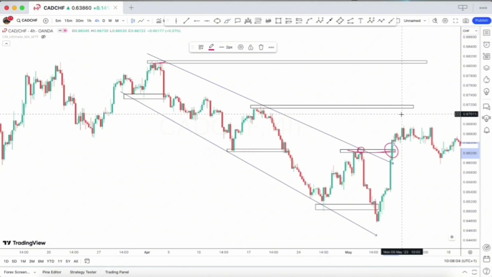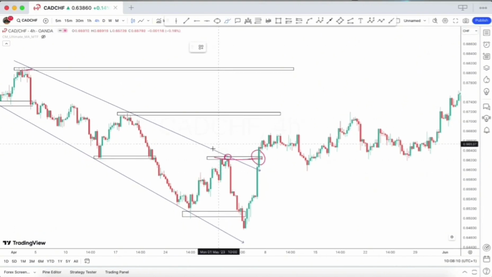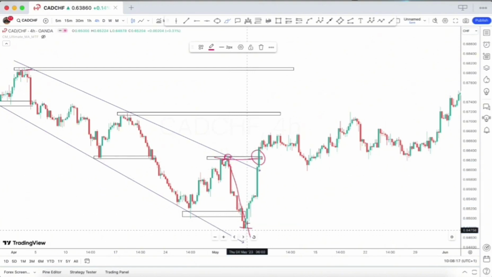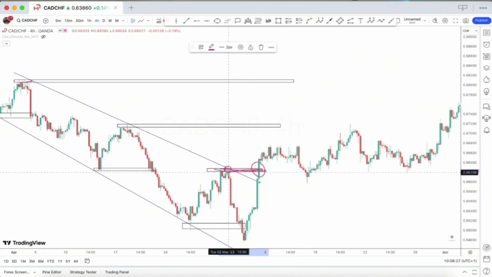Okay, so if we look at this now, you can see that price started changing direction. Before, we had this as our previous high, this as our previous low, right? This is the impulse, right? And initially this was meant to be a correction to the upside, and we were actually meant to have another impulse to the downside. But unfortunately, since we already had a break of this structure, the old downtrend scenario has already ended, and now we have shifted from a downtrend to an uptrend.